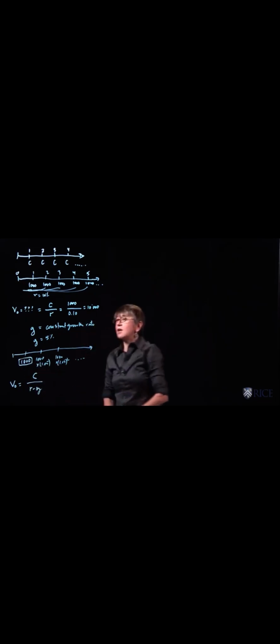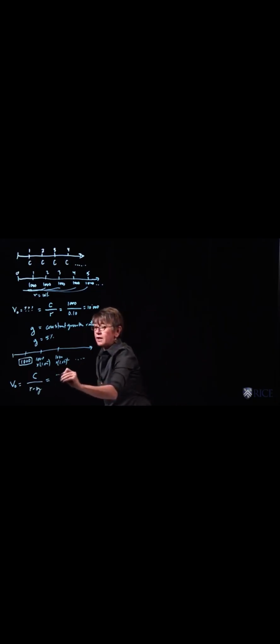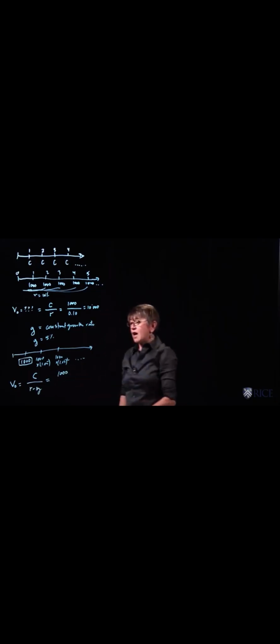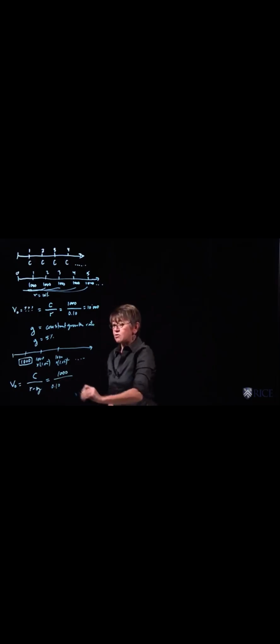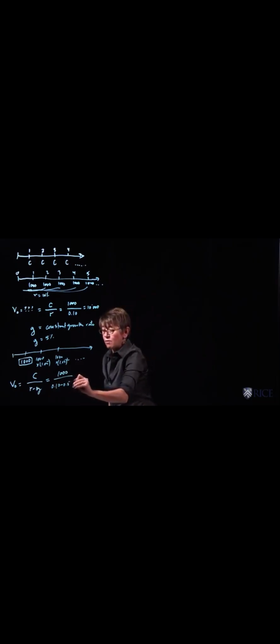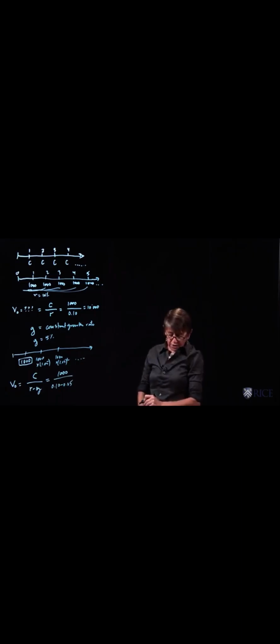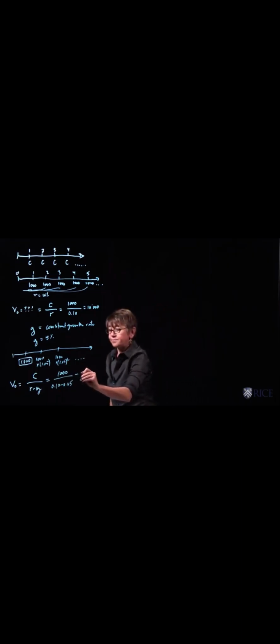It turns out that the present value of a growing perpetuity is simply the first fixed payment divided by r minus g. In our example, it's going to be $1,000 divided by 0.10, the interest rate, minus 0.05. In other words, it's going to be $20,000.